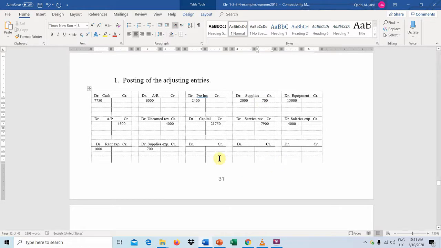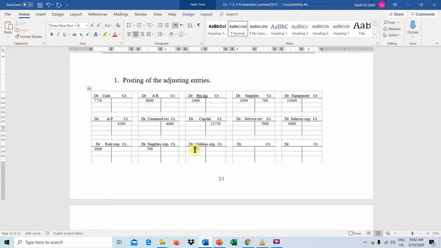The second one, utilities expense. Do we have utilities expense? The answer is no. So I have to create utilities expense, and this will be debited by 150.